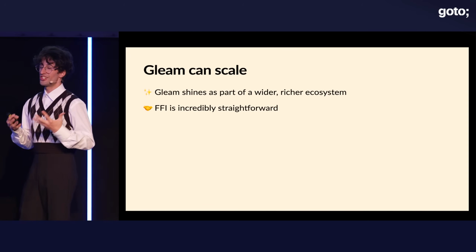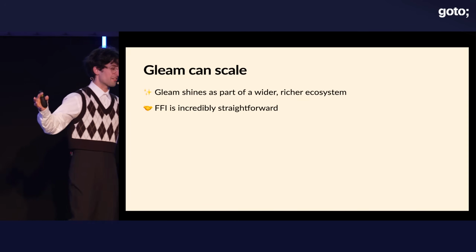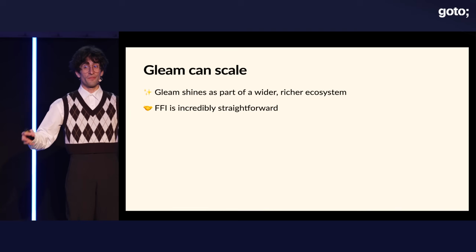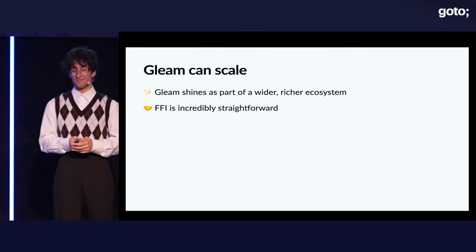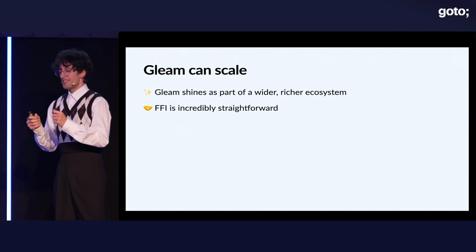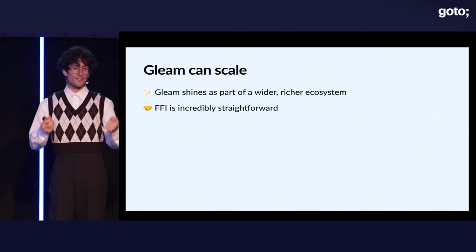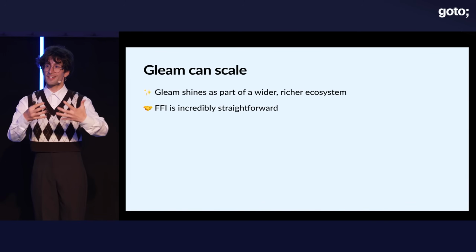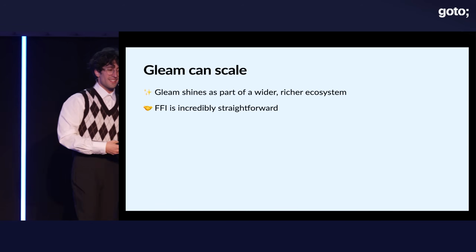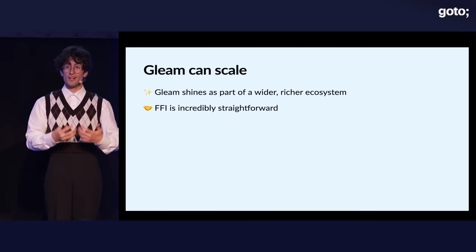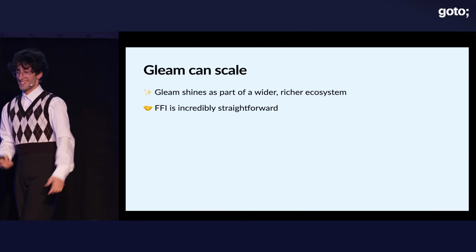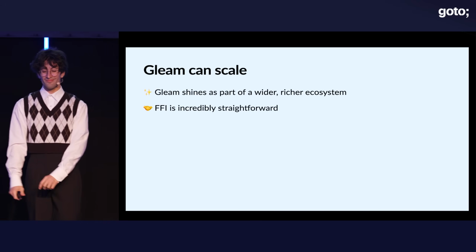So Gleam really shines as part of a wider, richer ecosystem, the ecosystem of the Beam languages, Erlang and Elixir, just to name a few. And we wanted for Gleam to have a great FFI story, so you want to be able to access this ecosystem, these really amazing and powerful libraries that have been developed and battle-tested through many years, since the 80s basically.